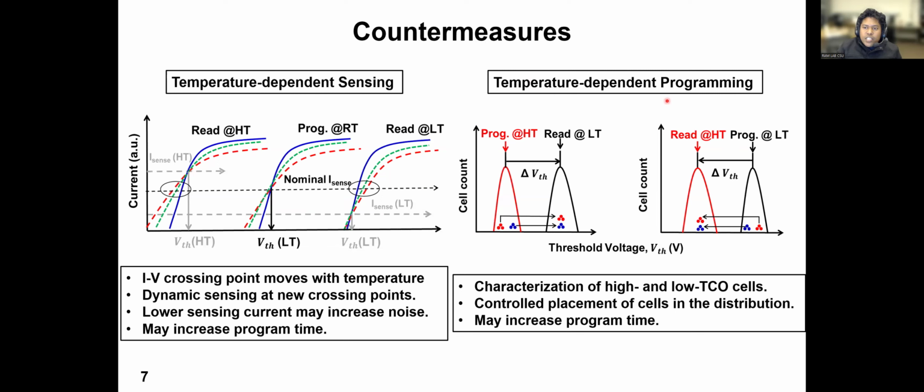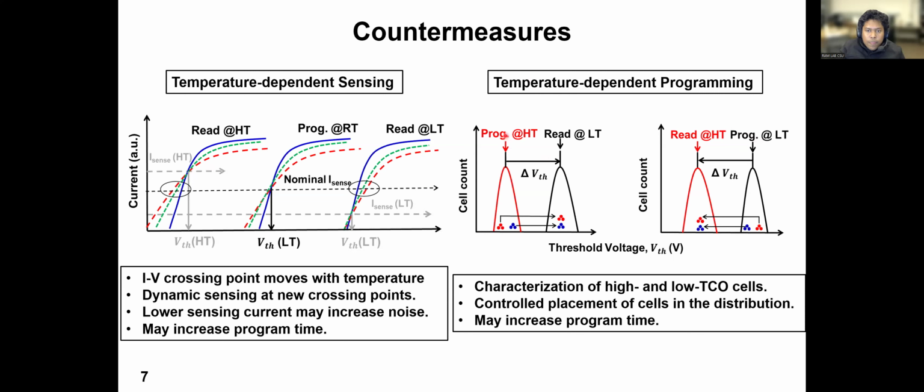And in this temperature dependent programming scheme, the way we describe it is that first we will characterize the cells, like which cells are high temperature coefficient and which cells are low temperature coefficient. And during programming, let it be at high temperature or a low temperature, during the first programming, these cells need to be placed intentionally at locations that will minimize the cross temperature effect.